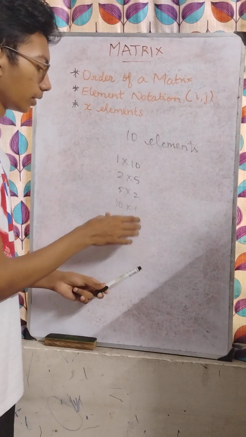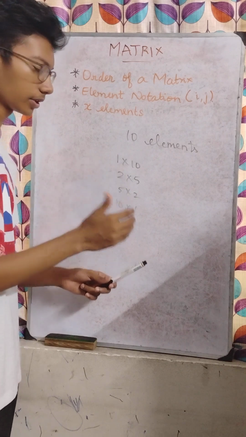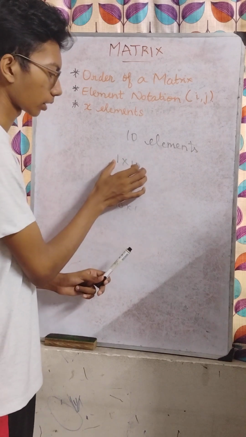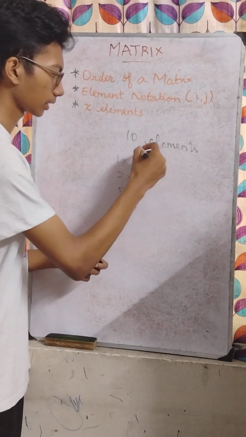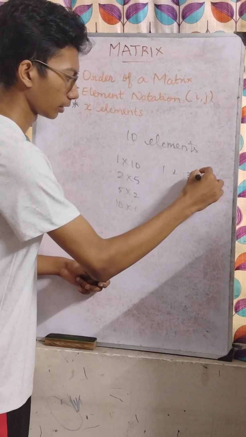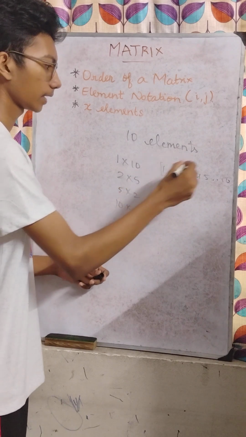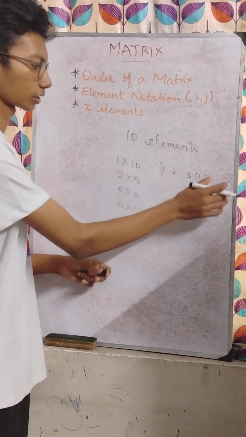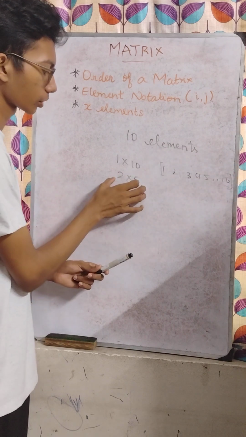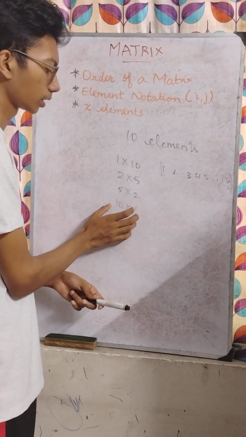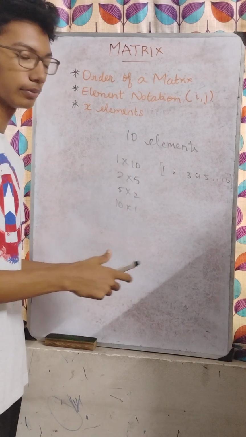So if a matrix has 10 elements, then the order can be 1 cross 10. 1 cross 10 means 1 row but 10 columns, which means 1, 2, 3, 4, 5 up to 10. Likewise 2 cross 5, 5 cross 2, 10 cross 1. These are the possible matrices when we have 10 elements.